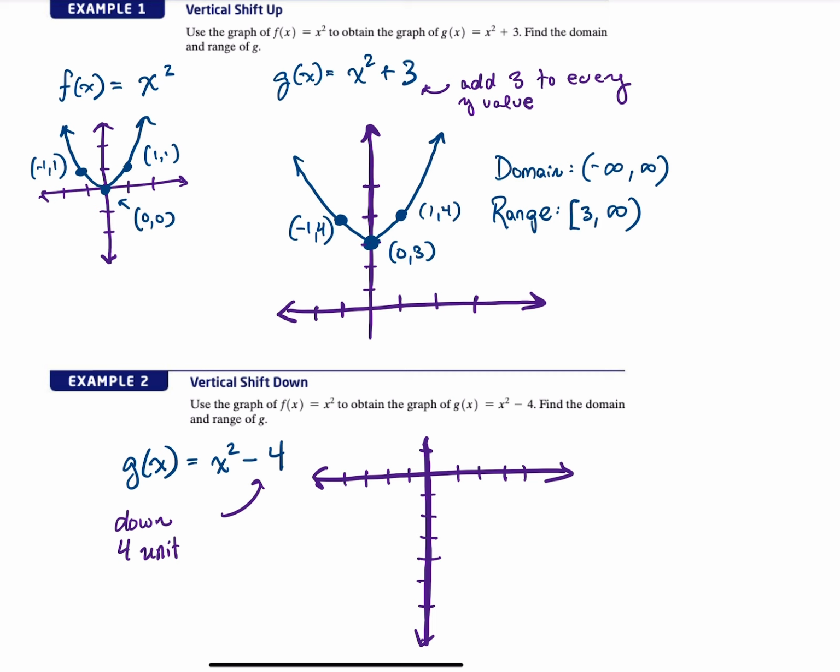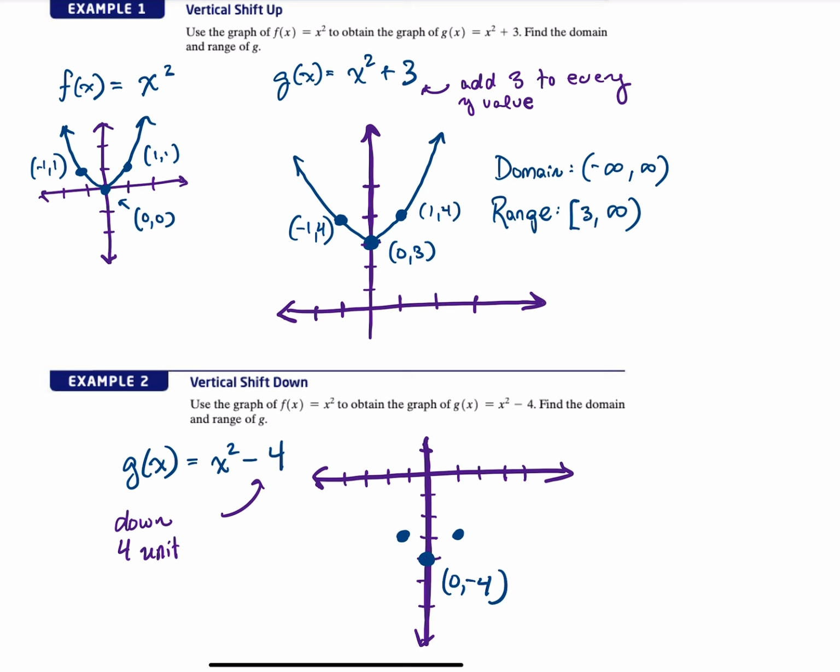So it should be down here at 0, -4. So notice I'm using these anchor points to tell me where I should be going. Okay, now I know I'll have a point up 1 over to the right. So at 1, -3, and also at -1, -3.